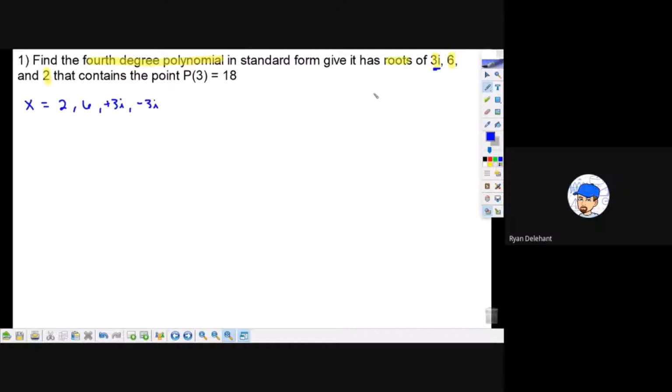Anytime you get a complex root that has both the real and the imaginary part, or just the imaginary part, let's say we had a plus bi, that guarantees that we're going to have a minus bi. And those are called conjugates.